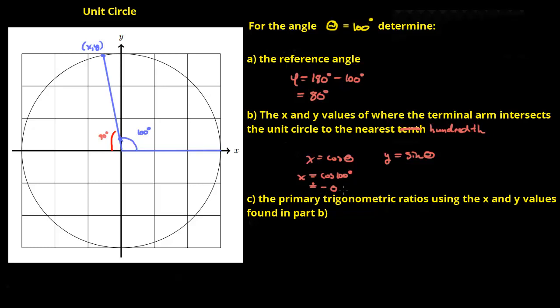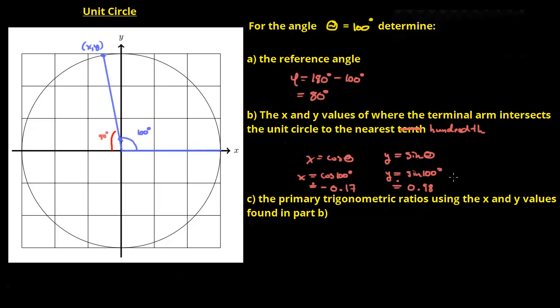So x is equal to negative 0.17. And our y value, which is equal to sine of theta, so y is equal to the sine of 100 degrees. And on our calculator, the sine of 100 is 0.98 when rounded. So x is approximately negative 0.17 and y is approximately 0.98.